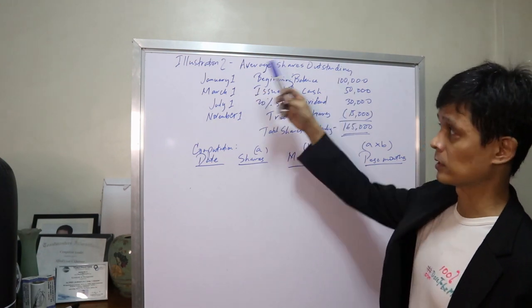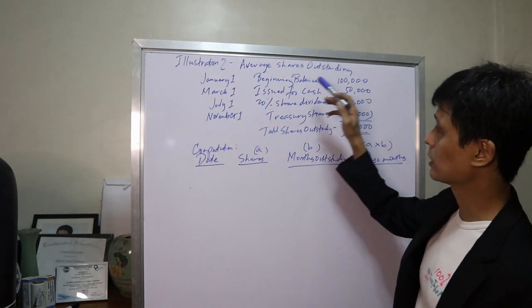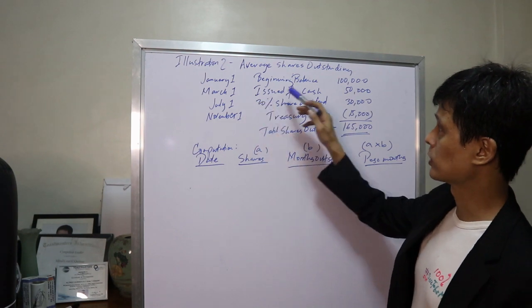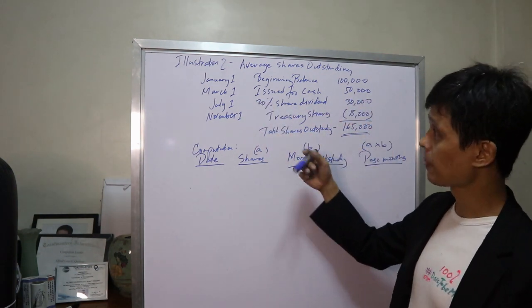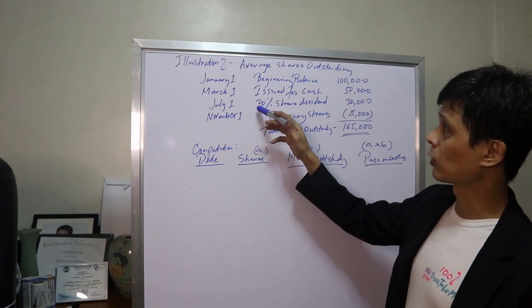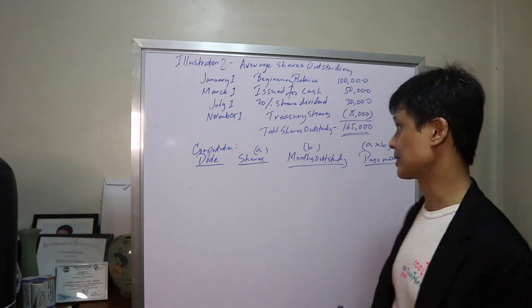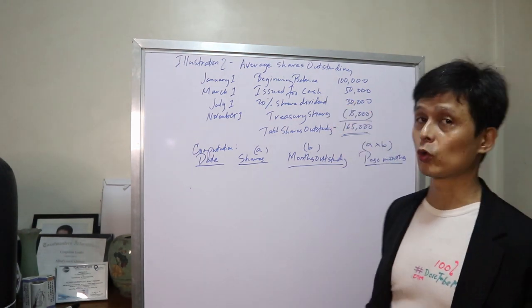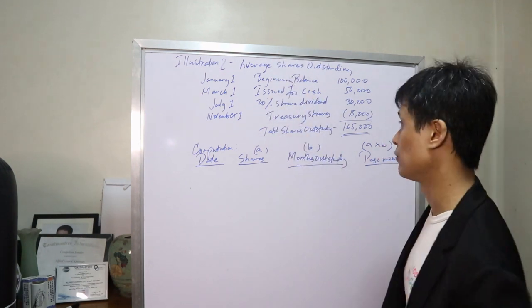So dito, let's begin this sa January 1. So may beginning balance sa 100,000, tapos March 1 there's an issued for cash additional, so this is another 50,000 shares, and then nagkaroon ng share dividend. Now the treatment there is that yung share dividend or stock split should be treated retroactively.